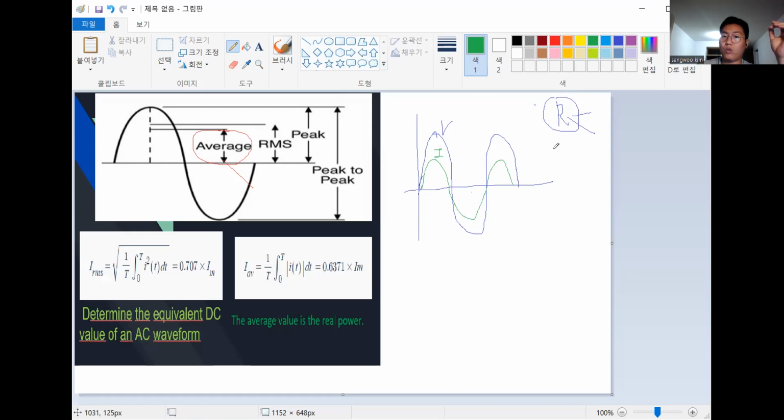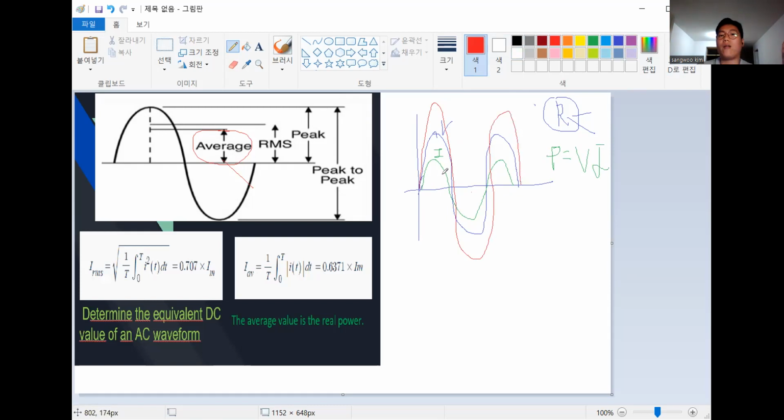So as you can see, power equals VI, right? We will learn about it later. It's just to get familiar with what I'm saying. So power is going to be like this, right?